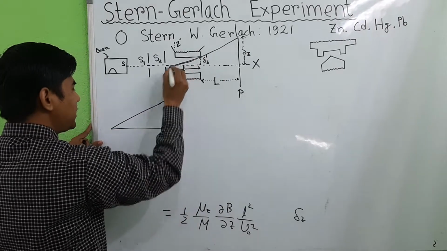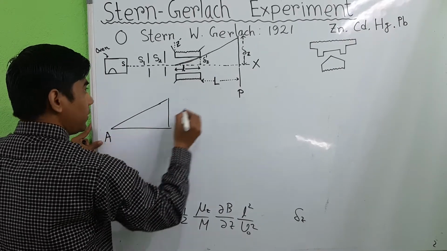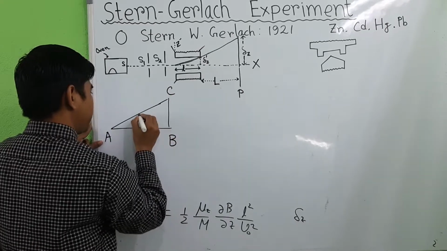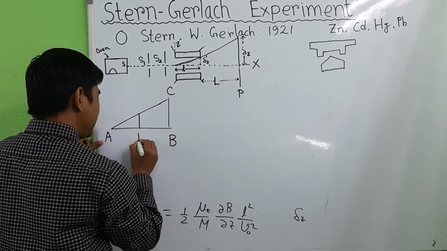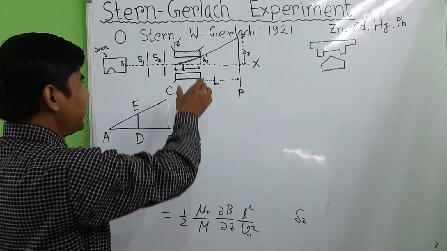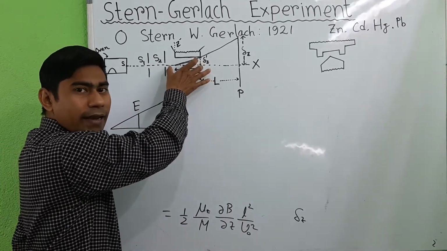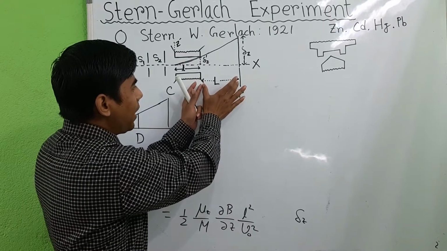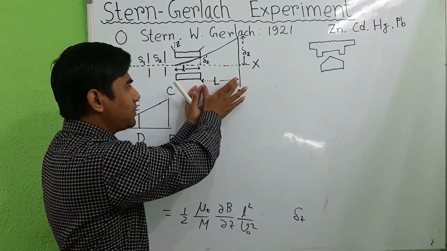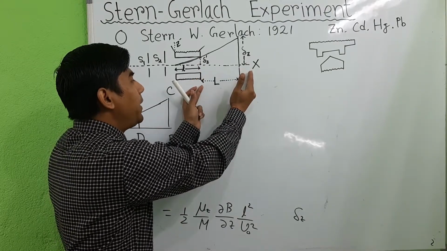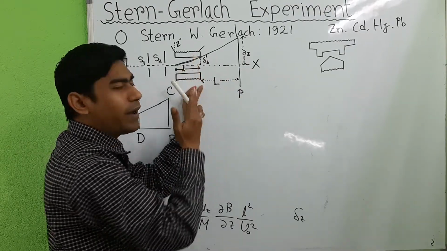Suppose this is A, this is B, this is C, and this point is D, and this point is E. Now here this portion is small l, the extension of the magnetic field in the x direction, and this is capital L, the distance of the photographic plate from the near end of the magnetic field.